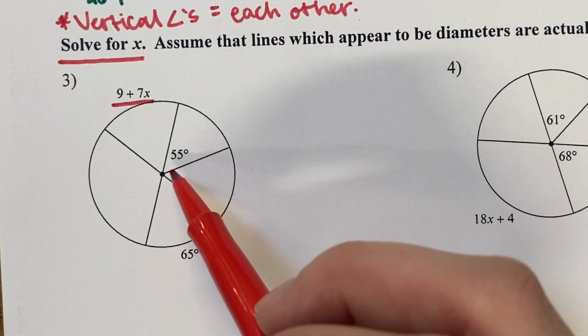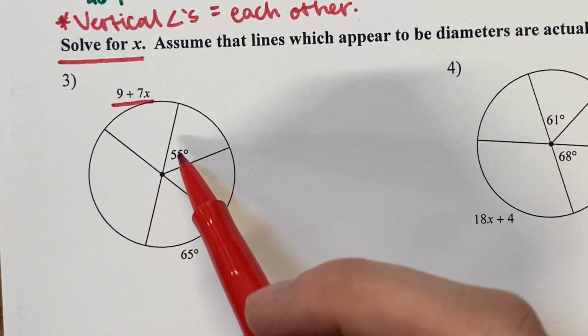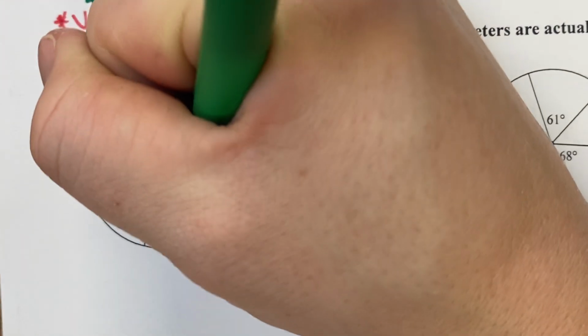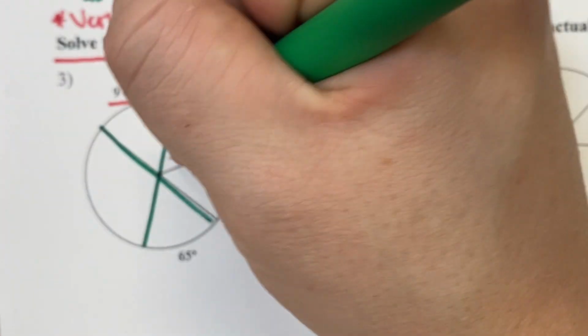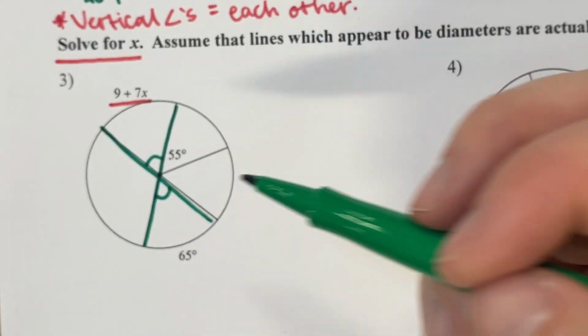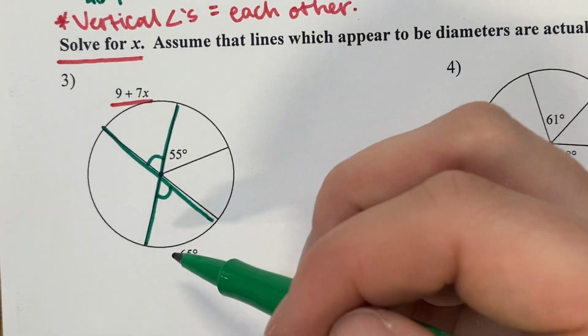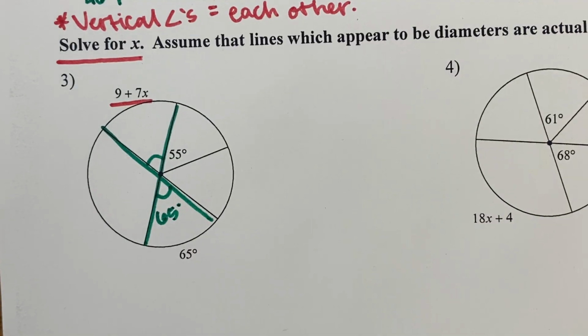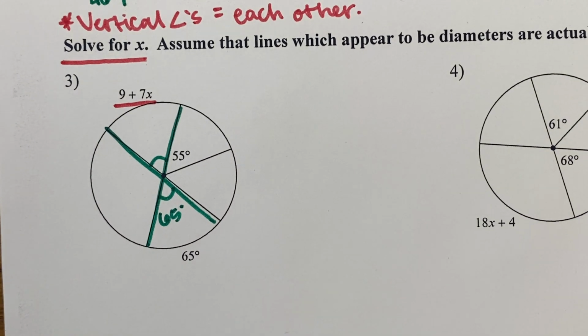Okay, the 55, I don't know if I'm going to have to use that, but one thing I do see is again, diameter, diameter, with vertical angles, angles that are right across from each other. Well, we know this arc is 65, that means its central angle is also 65.